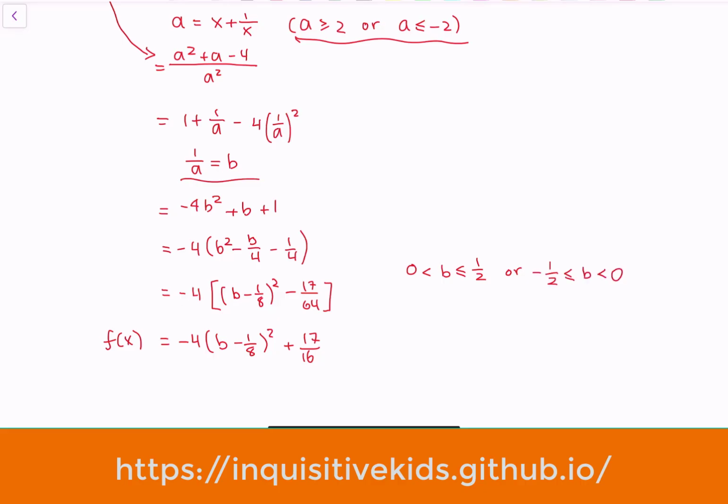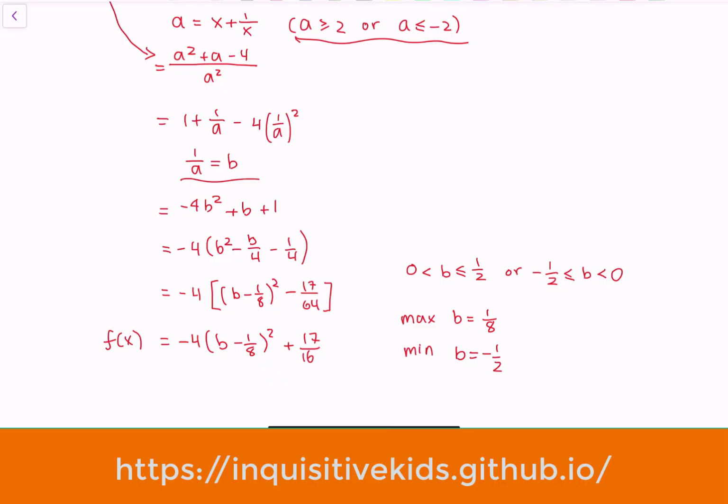f of x reaches its maximum when b is equal to 1/8. And this is possible because 1/8 is within our range of possible values for b. And f of x reaches its minimum when b is as far away from 1/8 as possible, which means b has to take on the value of negative 1/2.